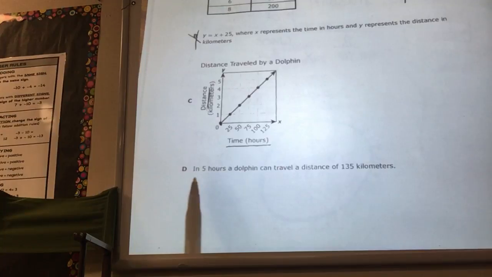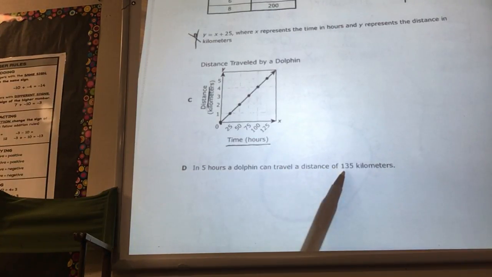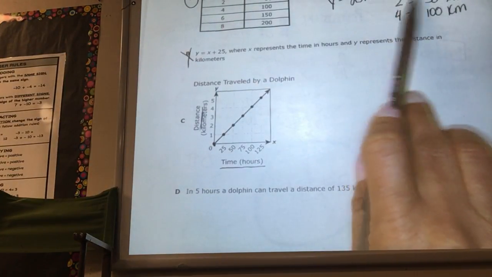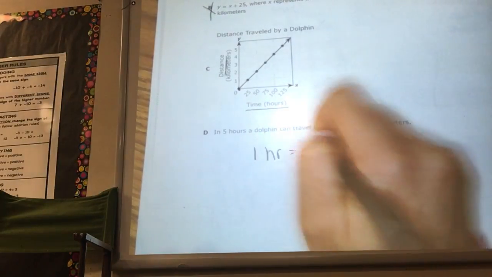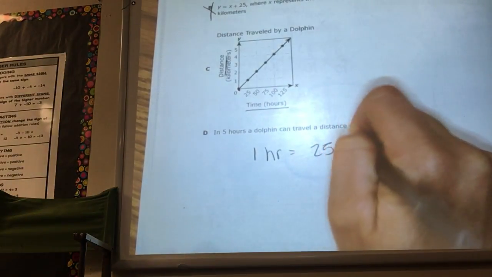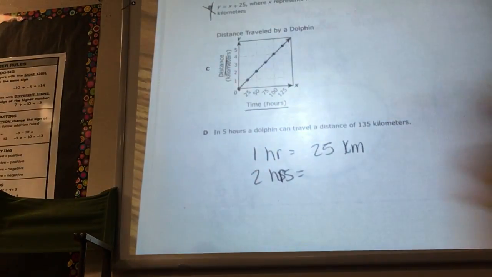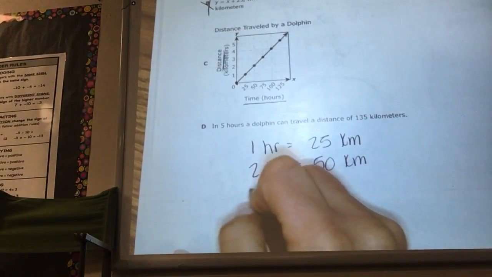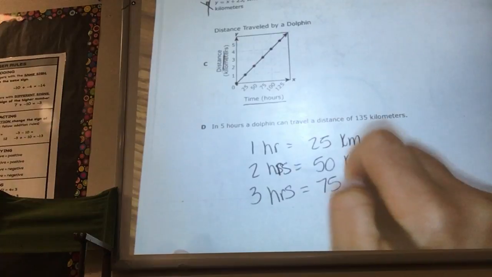And then on D it says, in 5 hours, a dolphin can travel a distance of 135 kilometers. Well, if we go back to our little table we were creating here, we know that in 1 hour, it's going 25 kilometers. And in 2 hours, it would be going 50 kilometers. In 3 hours, it's going to travel 75 kilometers.